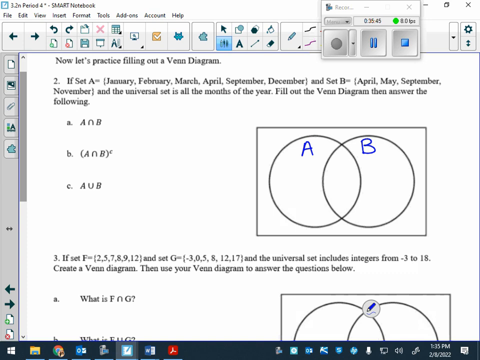What months are both in set A and set B? Assad? April and September. Okay. Knowing April and September are in both, what months are only in set A?